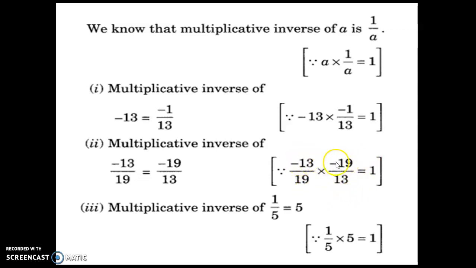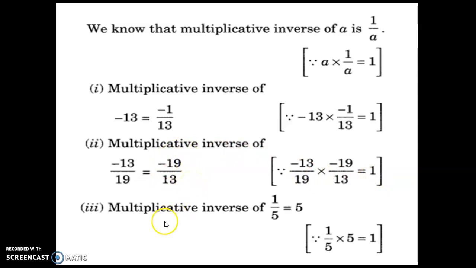Minus and minus will become plus, so you will get 1 as the answer. Understood? Simply remember to put numerator in denominator and denominator in numerator. Then if you multiply, you get 1, and the number we are multiplying by is the multiplicative inverse.